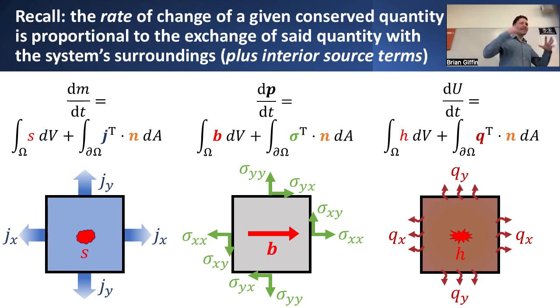In that case, we can sum up all the different forces that act on this cube: any interior body forces integrated over the volume, and any exterior tractions, tractions being basically a force per unit of surface area. I can integrate the tractions over the boundary to come up with the net external force acting on the boundary.